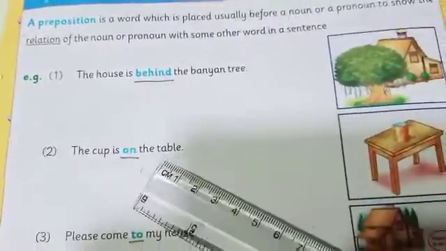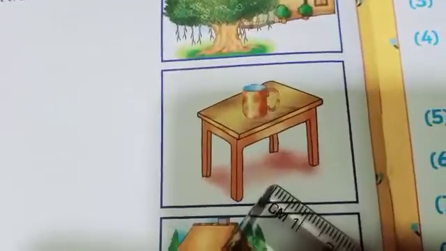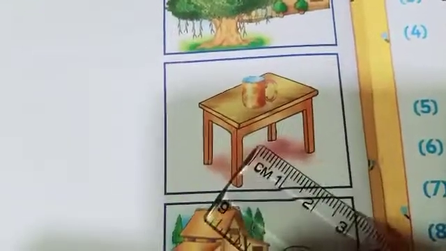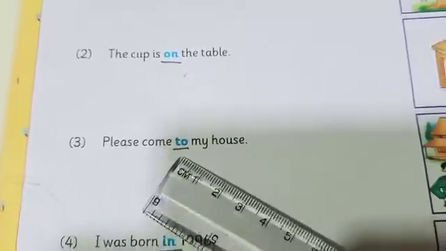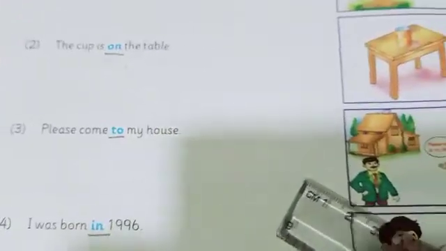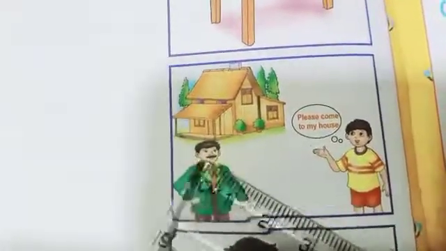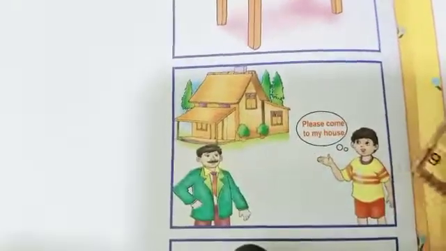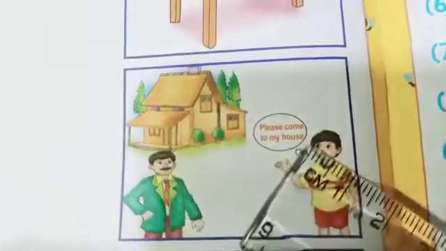Second one, the cup is on the table. If you see this picture, there is a table over here and you have a cup on the table. So the cup is on the table. The third sentence, it says, please come to my house. This is the house and there's this man over here and this boy is saying, please come to my house.